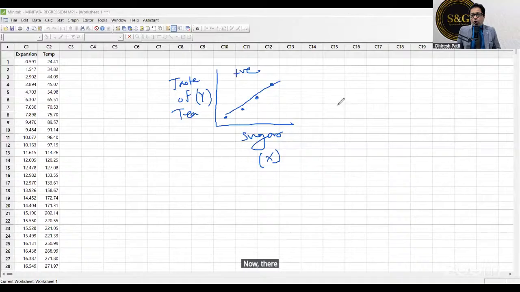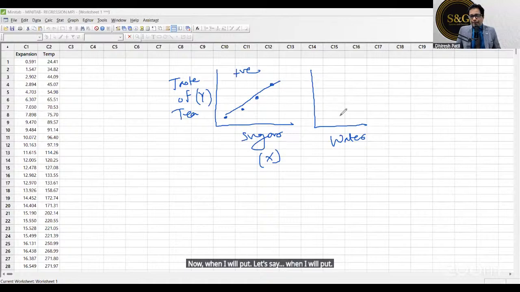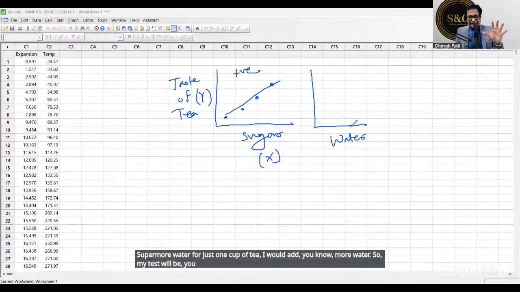Now, there is something called negative correlation as well. What is negative correlation? Let's take water. When I add more water, for just 1 cup of tea, my taste will be very poor in that case.